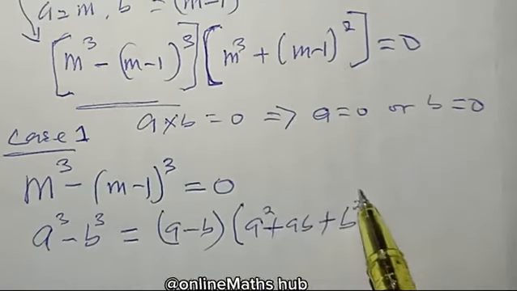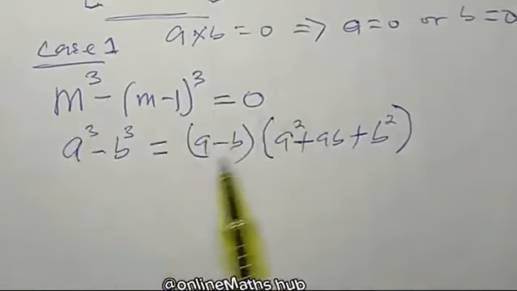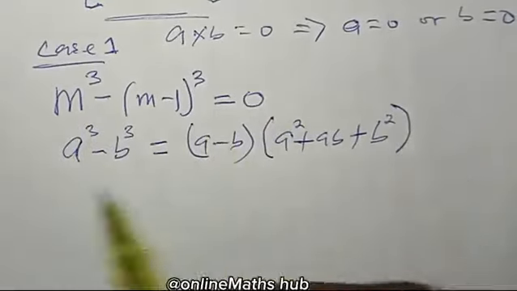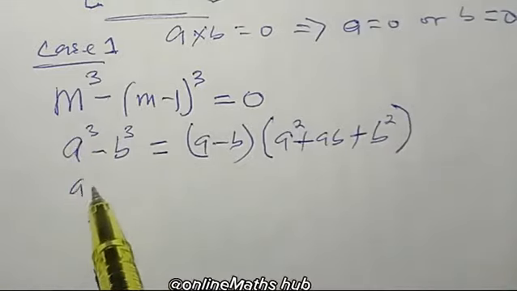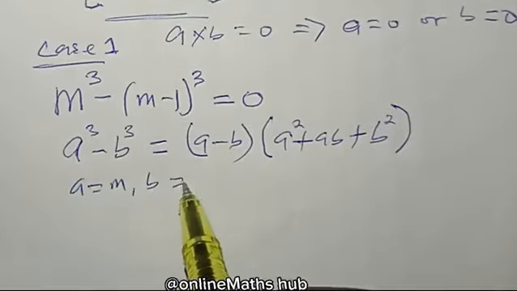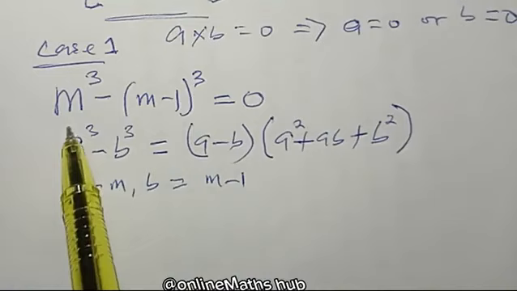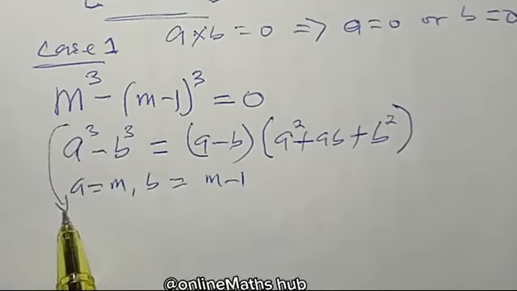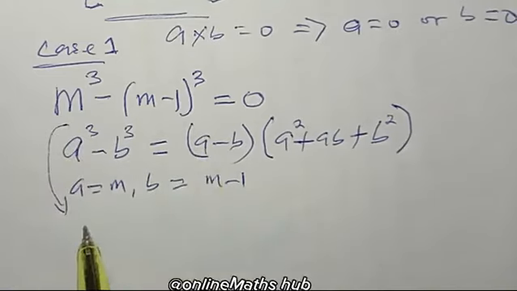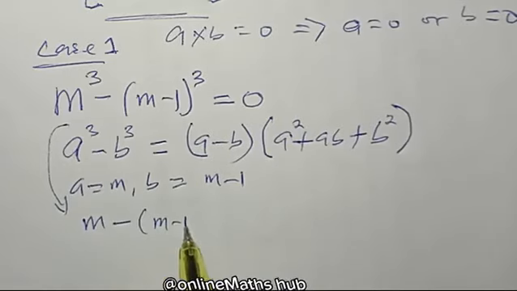I'm going to use this expansion to simplify what I have right here. In this case, a is equal to m, and b is equal to m minus 1. So expanding this, what I will have is m minus (m minus 1).